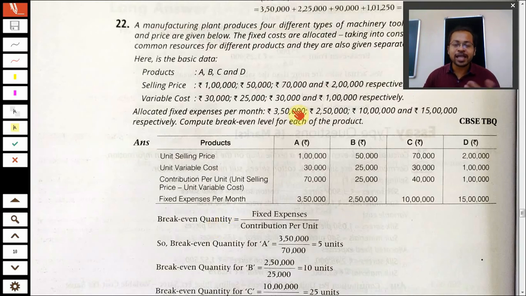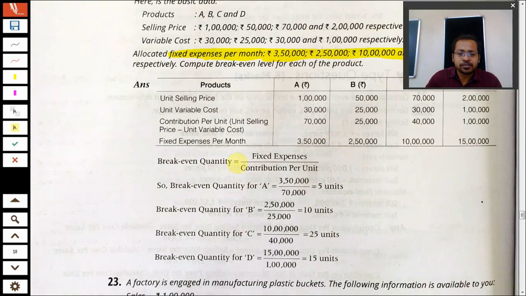This question is actually very easy. It is just like a single commodity question because the fixed expense is separate for every product, so the rules of multi commodity will not be applicable. Okay, because you can easily find the break even for each of these. So the formula is very easy.